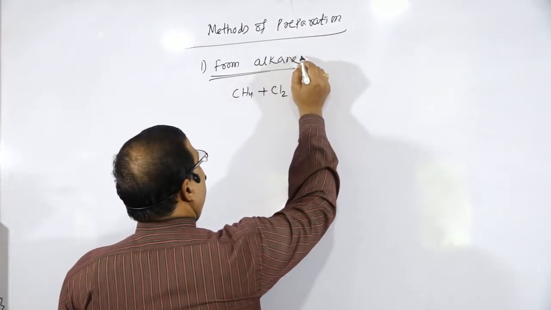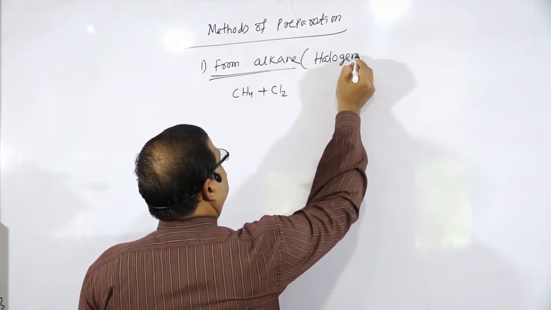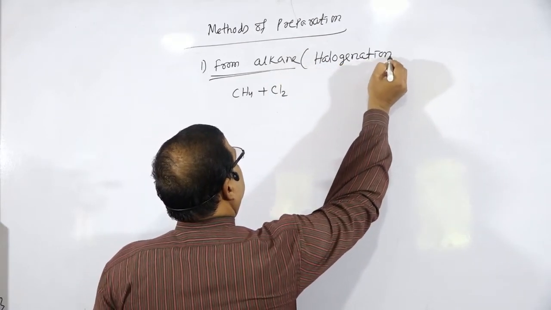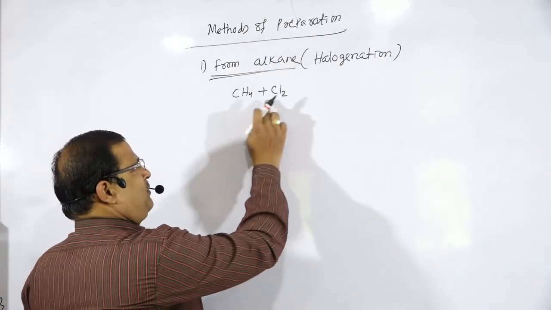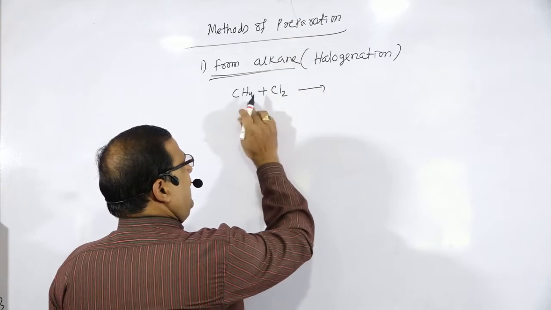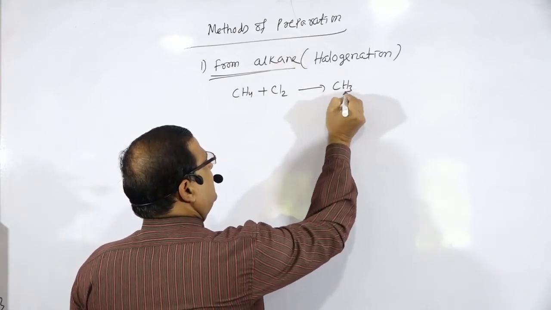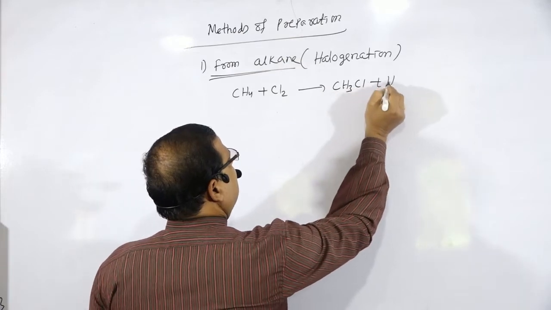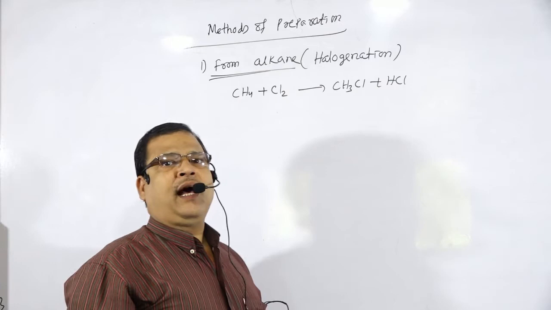That is halogenation of alkanes. In halogenation, CH4 plus Cl2, one of the hydrogen atoms gets replaced by chlorine, giving CH3Cl plus HCl. That is regarding the methods of preparation of alkyl halides.